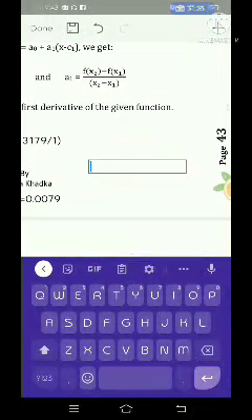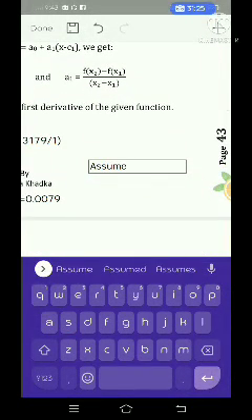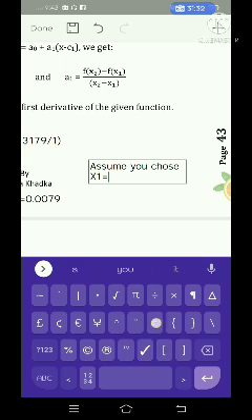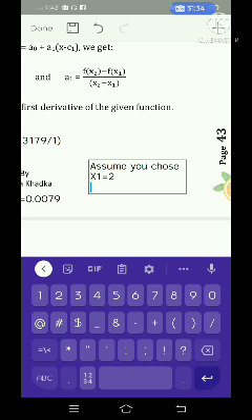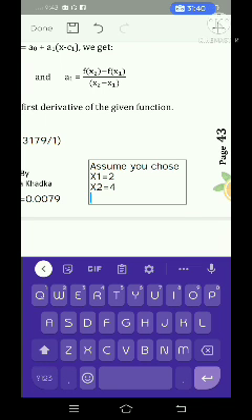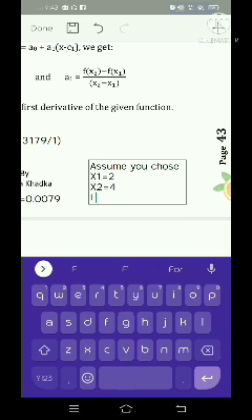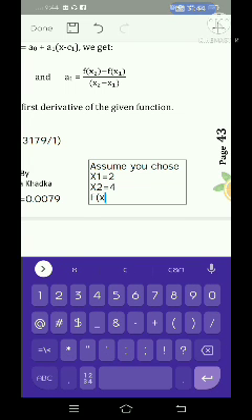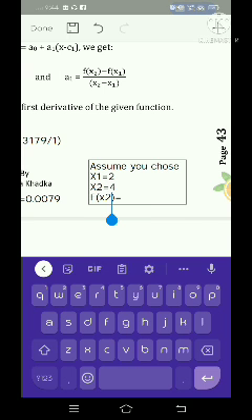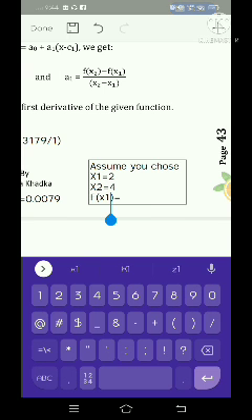Okay? Again, let us assume you choose your x sub 1 as 2 and your x sub 2 is, let's say, 4.